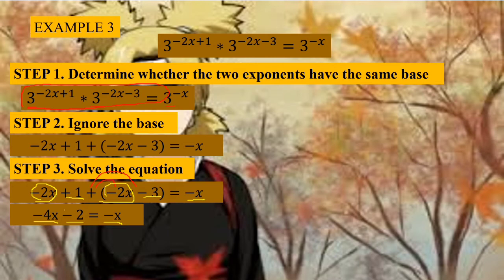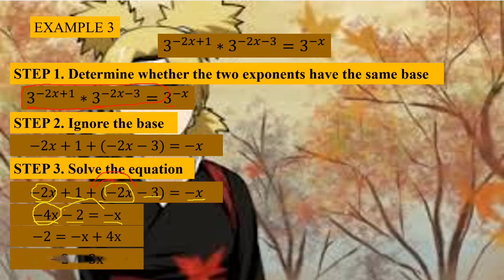Then, itra-transpose natin itong negative 4x sa kabila. So, magiging negative 2 is equal to negative x plus 4x. Kasi nga negative siya, lilipat natin sa kabila, 4x na siya. Then solve. So, negative x plus 4x, that is 3x. So, negative 2 is equal to 3x.